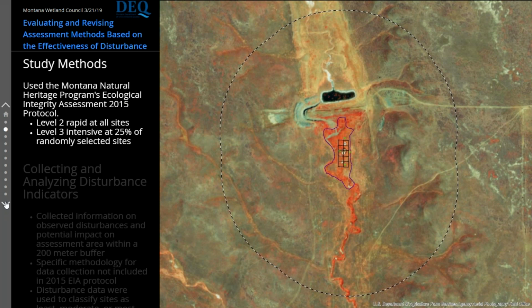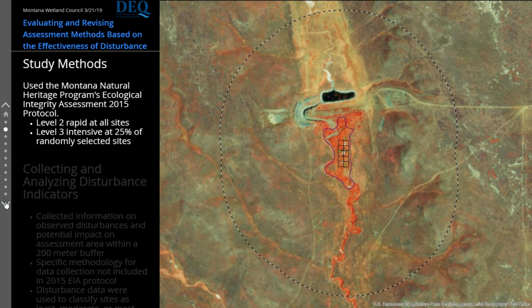At every single site we visited, which was 163 sites across the Musselshell, we conducted a level 2 rapid assessment, where we collected dominant vegetation data within each plant zone, soils data, disturbance data, as well as other indicators of ecological integrity.